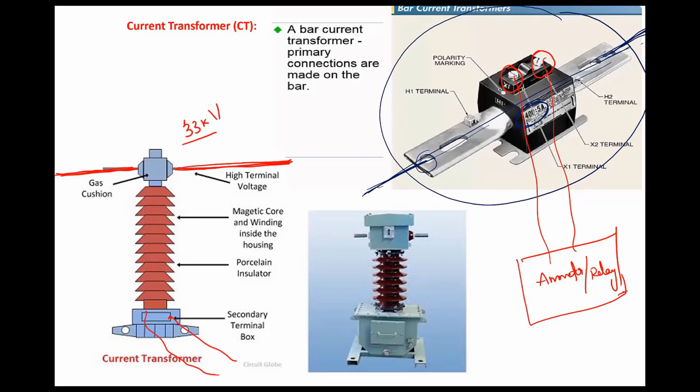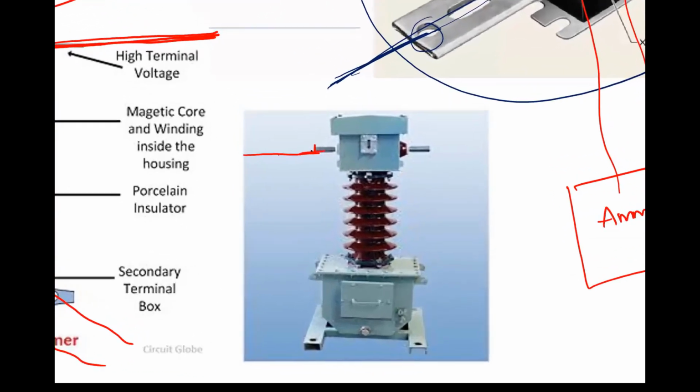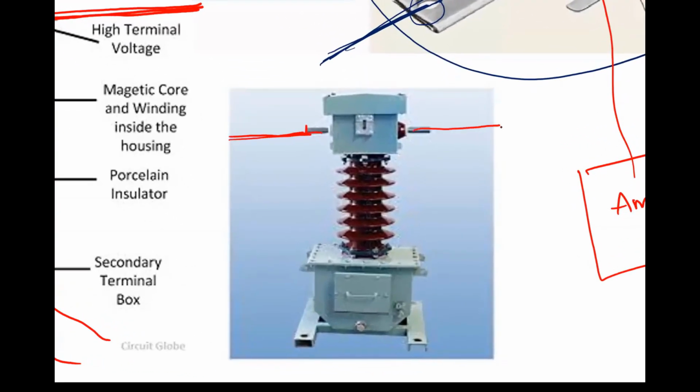So it is also a current transformer. You can see the physical image here. The primary high voltage conductor will be connected like this. Whatever the current that passes, let us say 500 ampere or 1000 ampere, the resultant CT output comes to this terminal box, from where you can tap and connect it to the relay or ammeter.